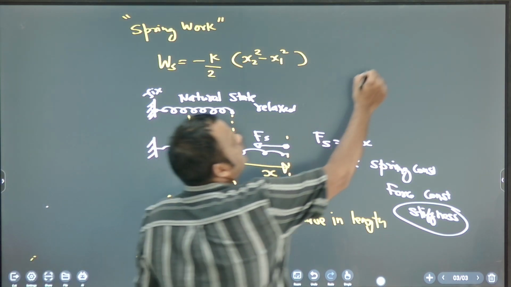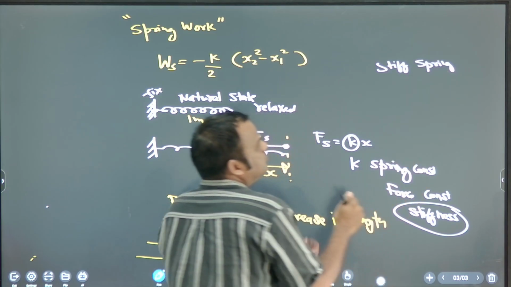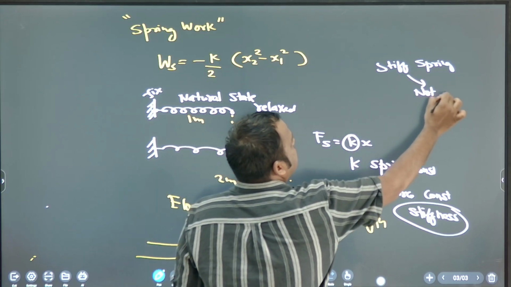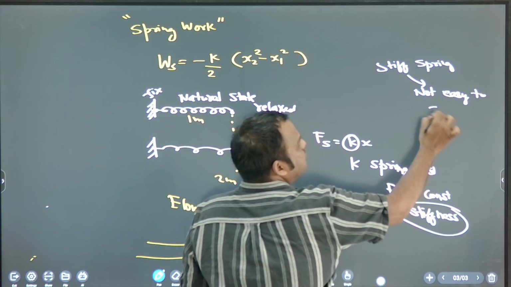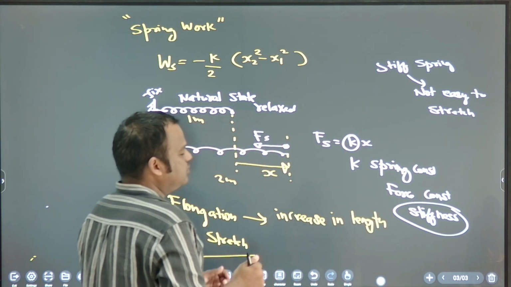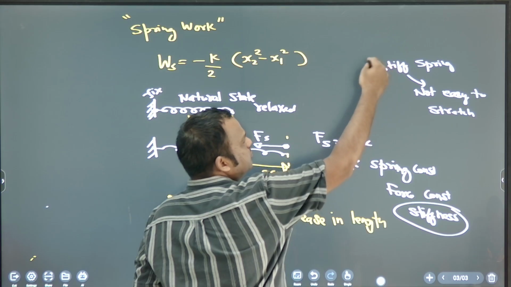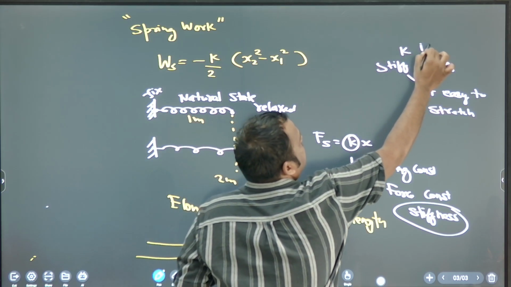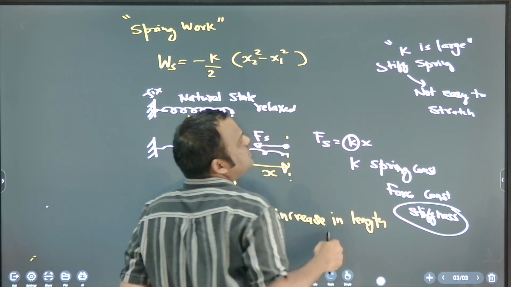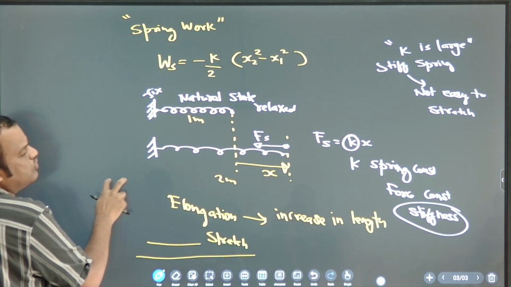What do you mean by stiff spring? Not easy to stretch, very tight. That is known as stiff. Like k is more, k is large, it is stiff. Less stiff means k is less. Okay, clear.